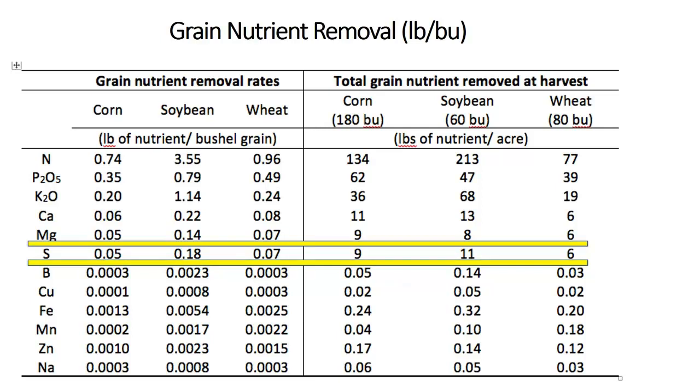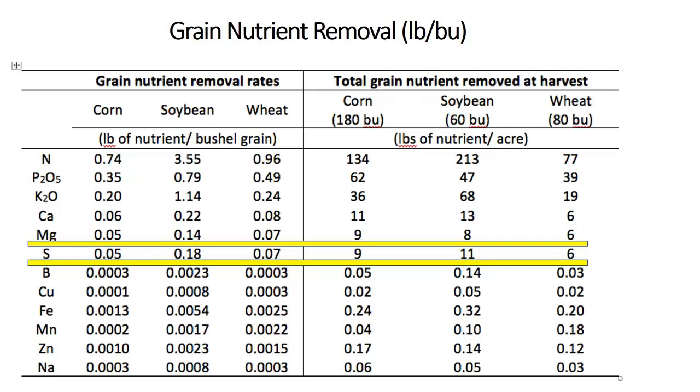We generated this data from studies that we have conducted. It's a more updated table on how much sulfur removal we get. It depends on the crop, and on which part of the crop we're harvesting. The left side of the graph shows how much we remove from a given soil by harvesting corn, soybean, or wheat.